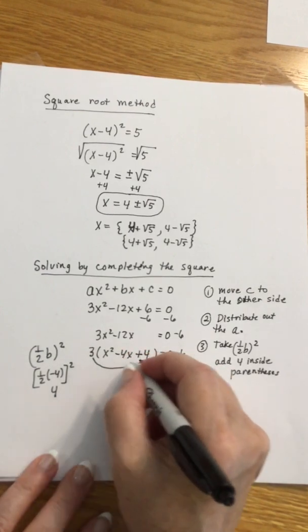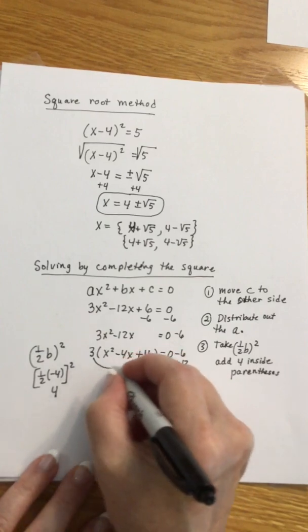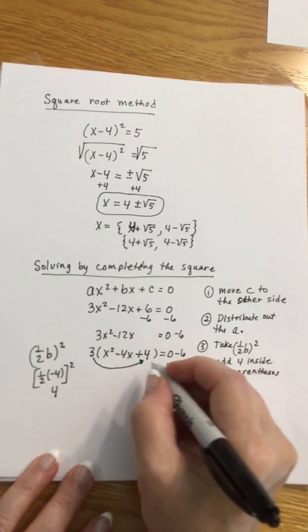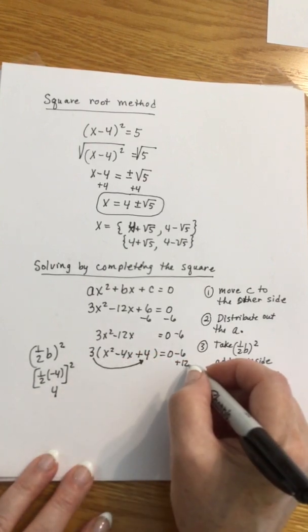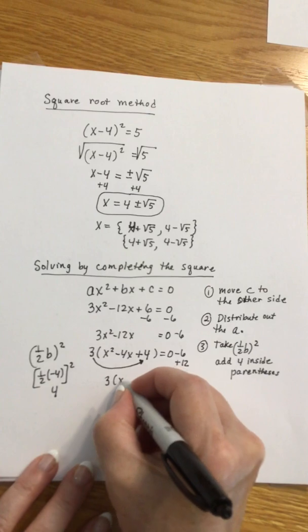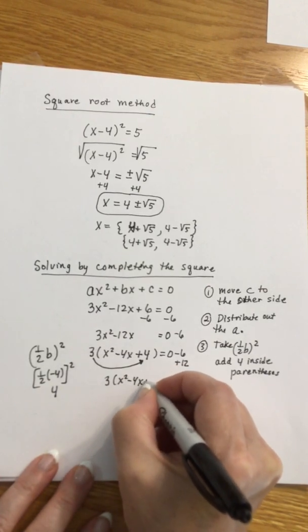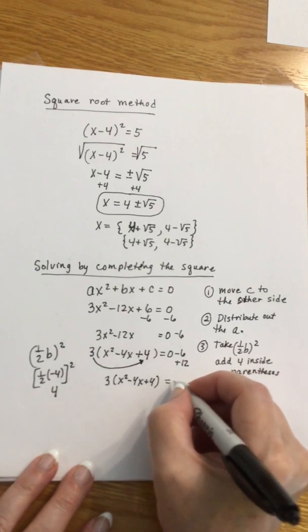We've added 12 on this side, so now we're going to add 12 on this side. Whatever I did on this side, I have to do on this side. So I have 3 times x squared minus 4x plus 4, and negative 6 plus 12 gives me a 6.